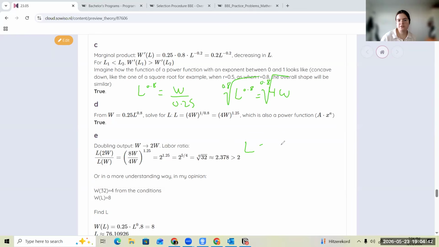So L is the root of 0.8 of 4W, and that's a power function actually. The same thing as to the power of 1 over 0.8, because this is 1, goes up, this is the root power, goes down in the fraction. So yeah, it fits this description. It's a constant times x to some power. Now W is our x, it's our independent variable instead of L.